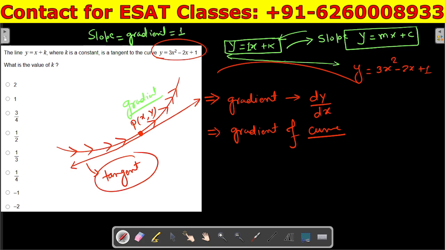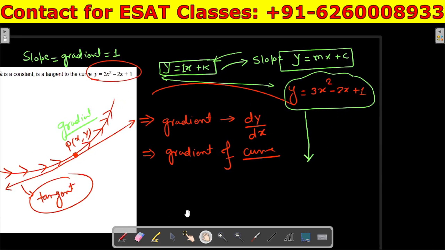So it means the gradient of the given curve will be 1, but we have to find at which place. First we will find the gradient expression for this curve, so we differentiate with respect to x and get 6x minus 2. This is the expression for the gradient.